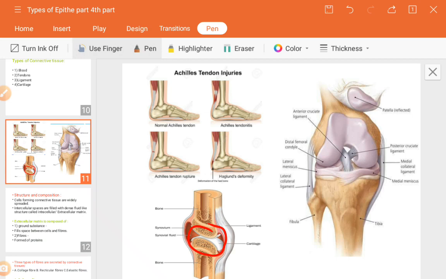Next, where are they found? In the nose, ear and trachea. These are the flexible things. If you see your ear pinna, the outer covering of your ear which you touch, that is the flexible one. If you want to move it in any direction, you can, because of the presence of cartilage.